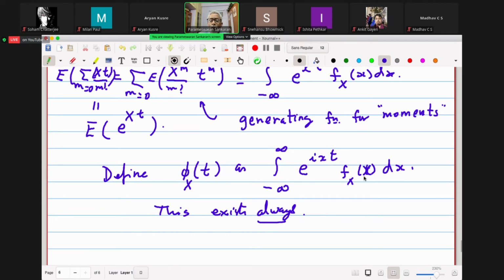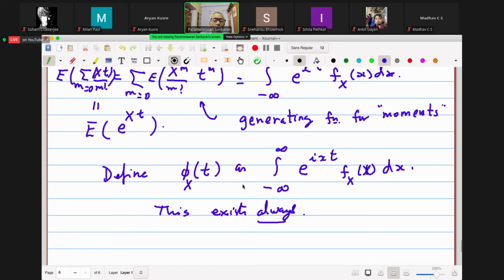But whatever it is, this is taking values in the real numbers. Yeah, this is a density function.